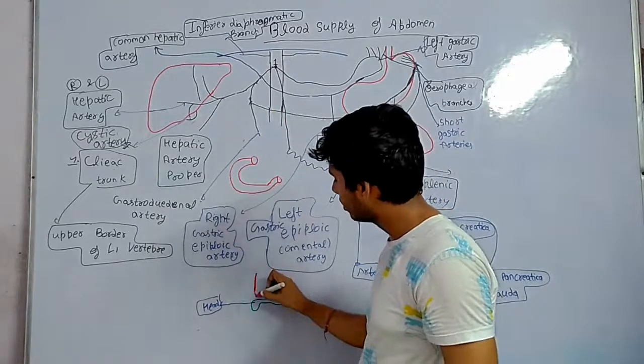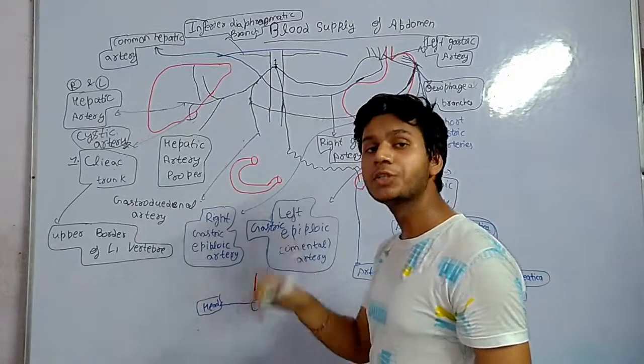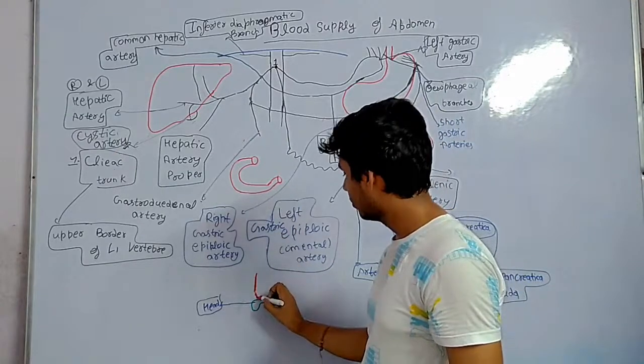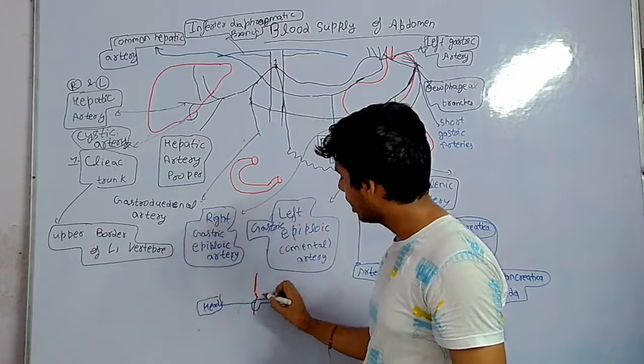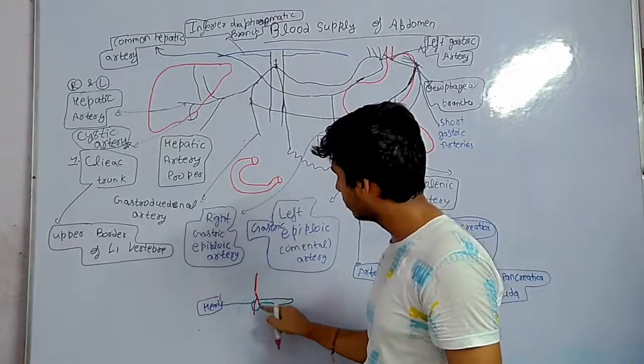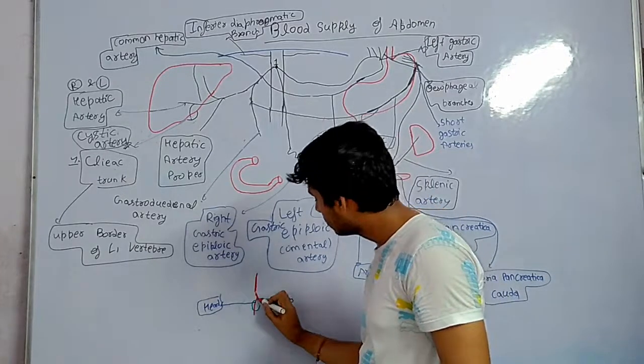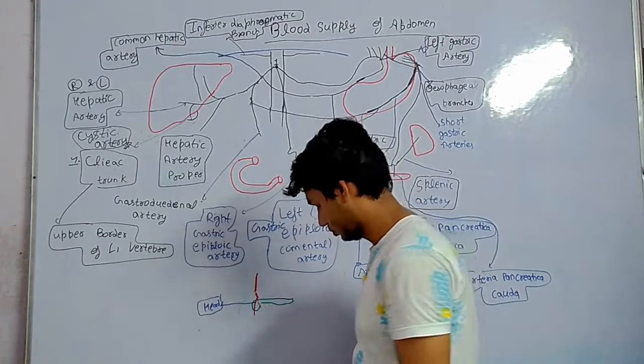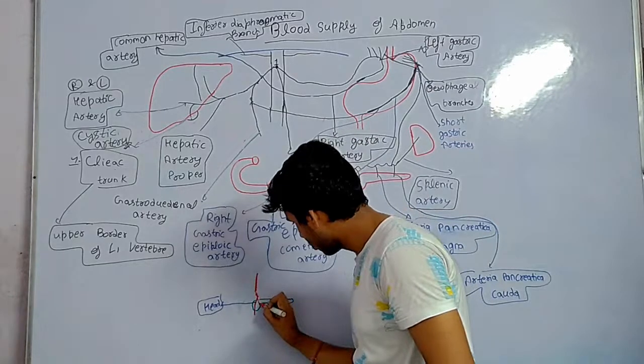and at the pancreatic head it gives an anterior branch and a posterior branch, one branch anterior to the head and another branch posterior to the head.